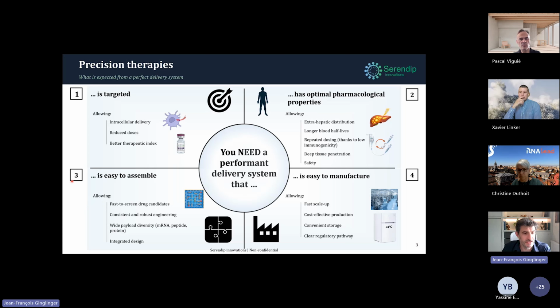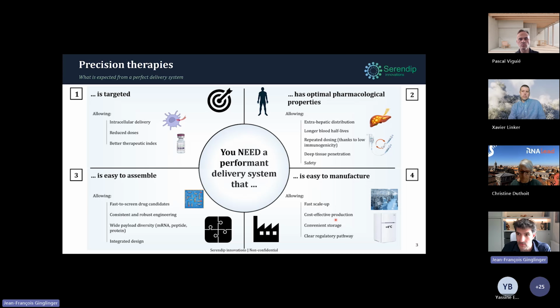Three, you want it to be easy to assemble, which is particularly of interest when dealing with drug discovery and lead optimization steps. And four, you want it to be easy to manufacture for obvious reasons.